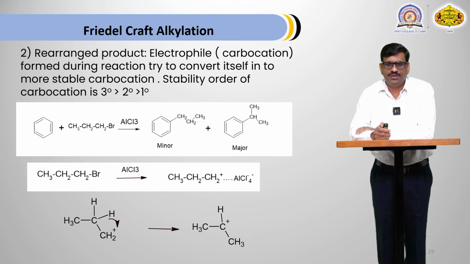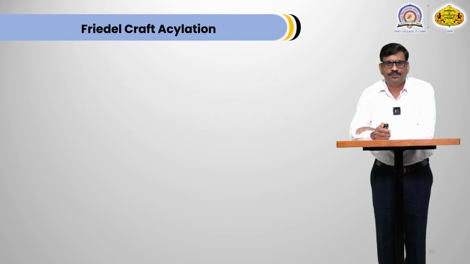That's why it tries to convert itself to secondary or tertiary, and in this case a secondary carbocation is obtained. That secondary carbocation again reacts with benzene to form another product. In this case the major product is the rearranged product and the minor product is the normal product.